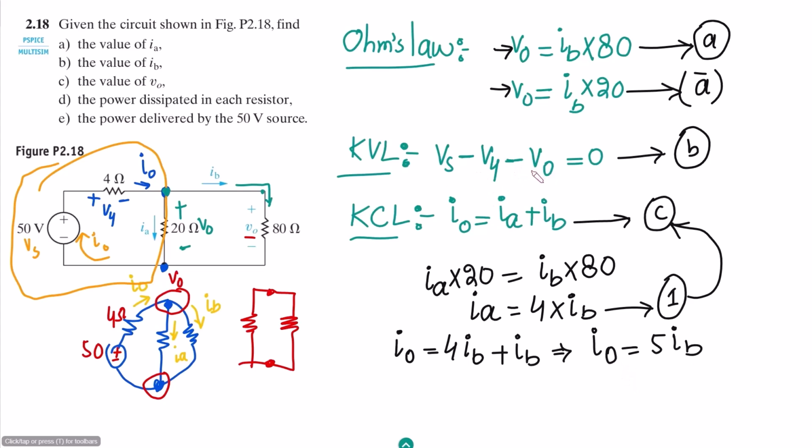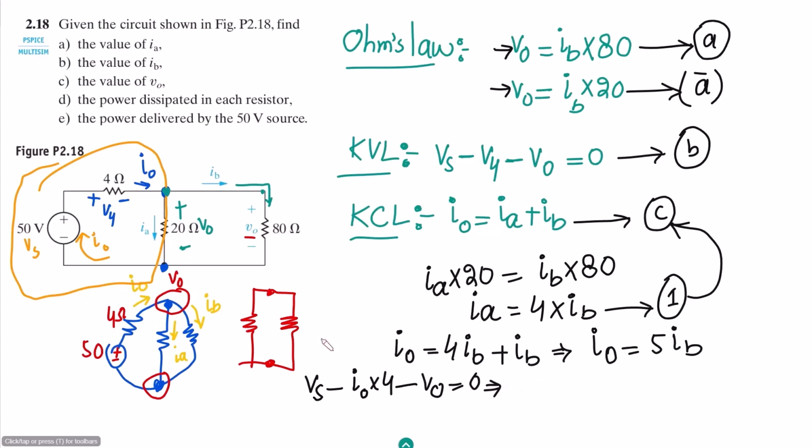Now let me take equation B. From it we can clearly see that Vs minus V4 is here, this 4 ohm. Applying Ohm's law, I into R, so I here is I naught, multiplied by 4, minus V naught, that is equal to 0. Now let me put all these values here.